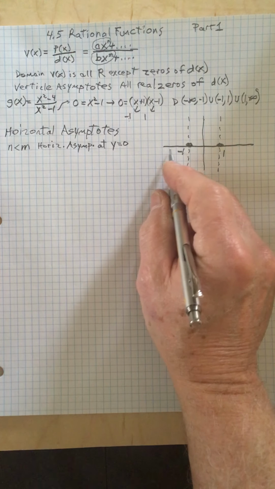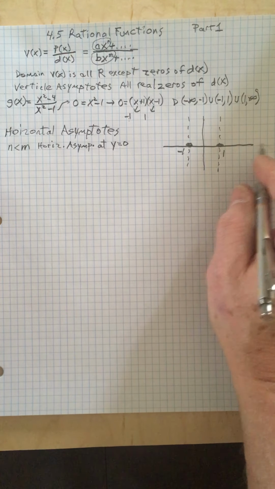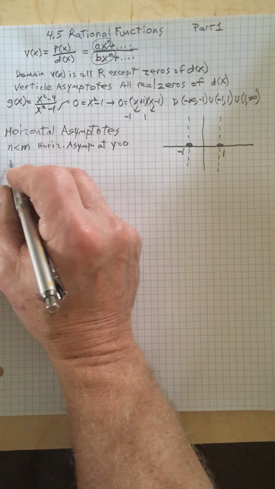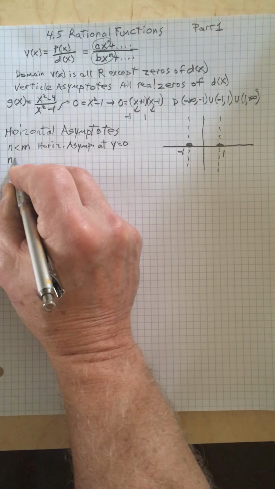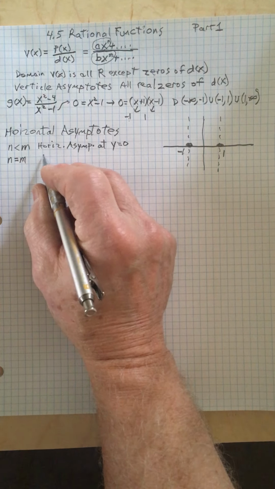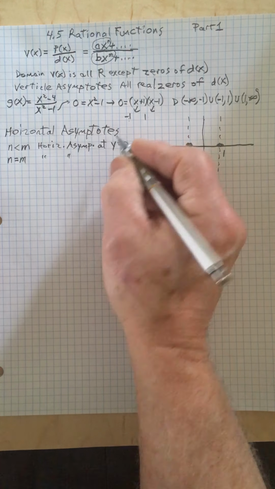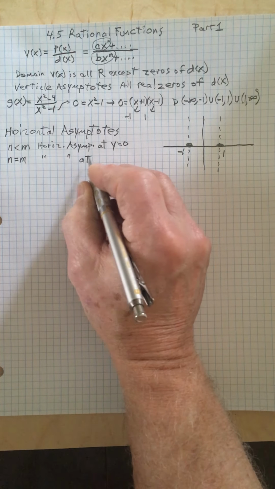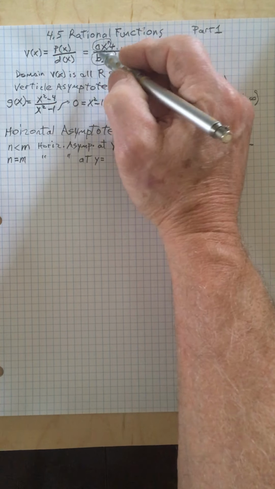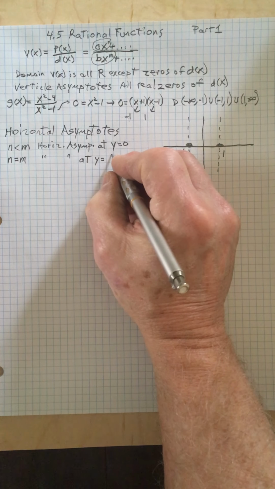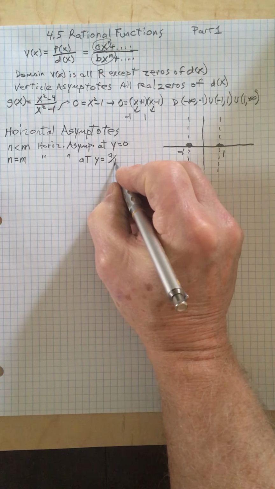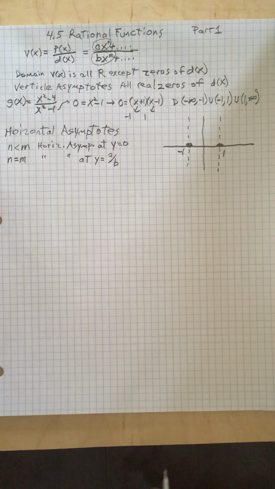So it would actually be the x-axis would be the asymptote. All right, what if n equals m? Same thing, we're going to have a horizontal asymptote, but this time it's going to be at y equals, and we need to look at the coefficients here. It's going to be the coefficient of the leading term on top divided by the bottom one. So it'll be that number.